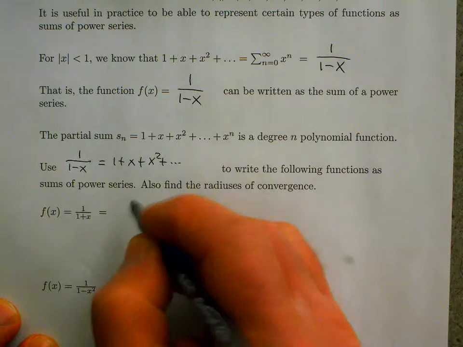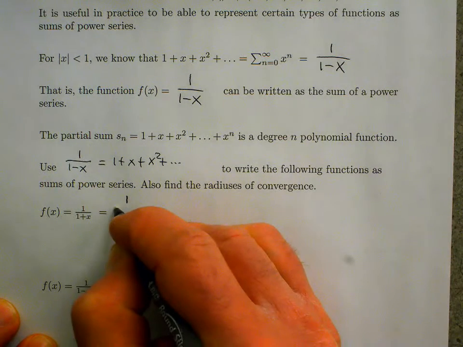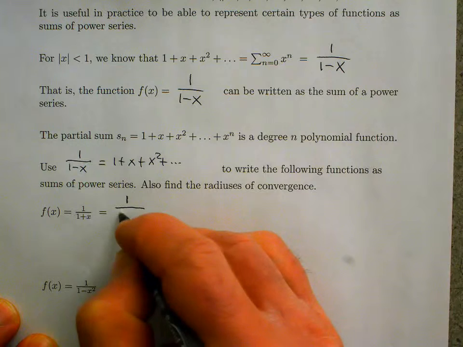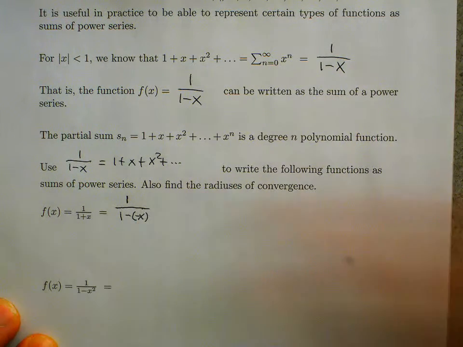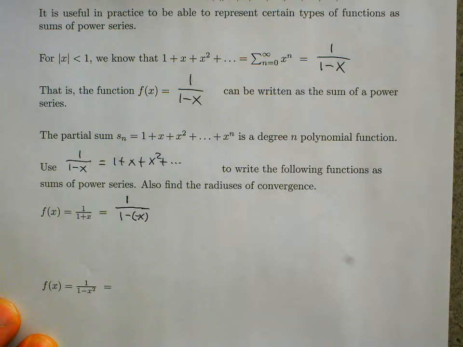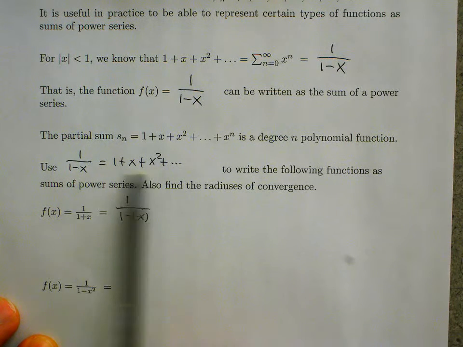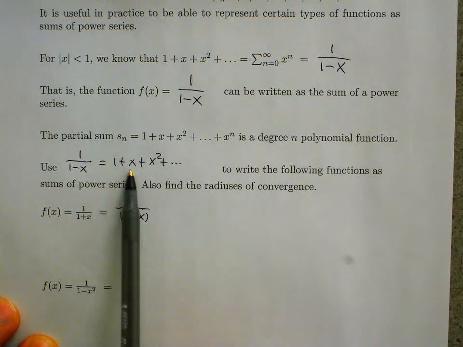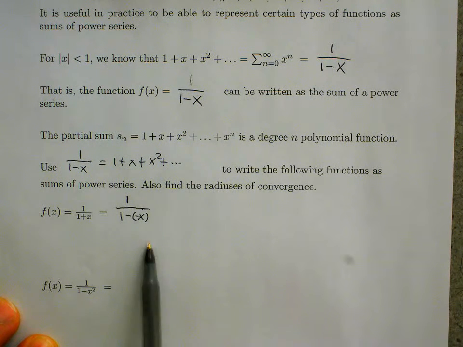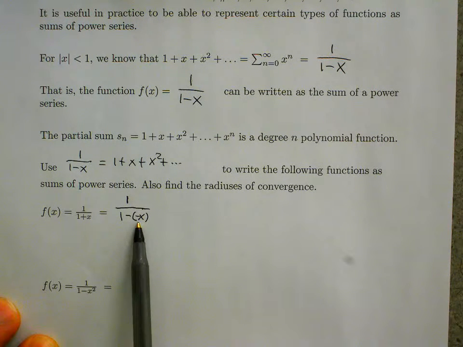So we rewrite this as 1 over 1 minus negative x. So in this power series up here, this 1 over 1 minus x equals 1 plus x plus x squared, and so on, we're going to replace x with negative x.